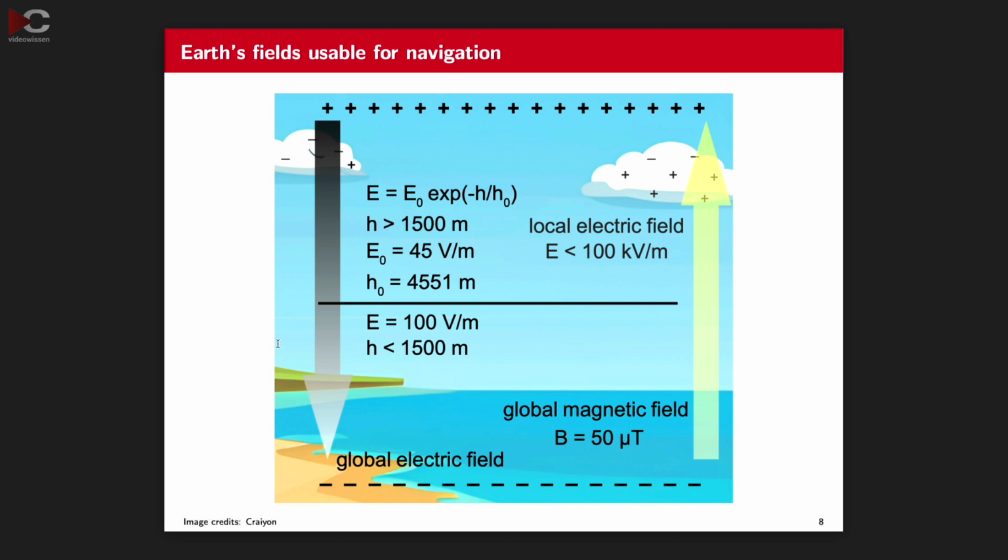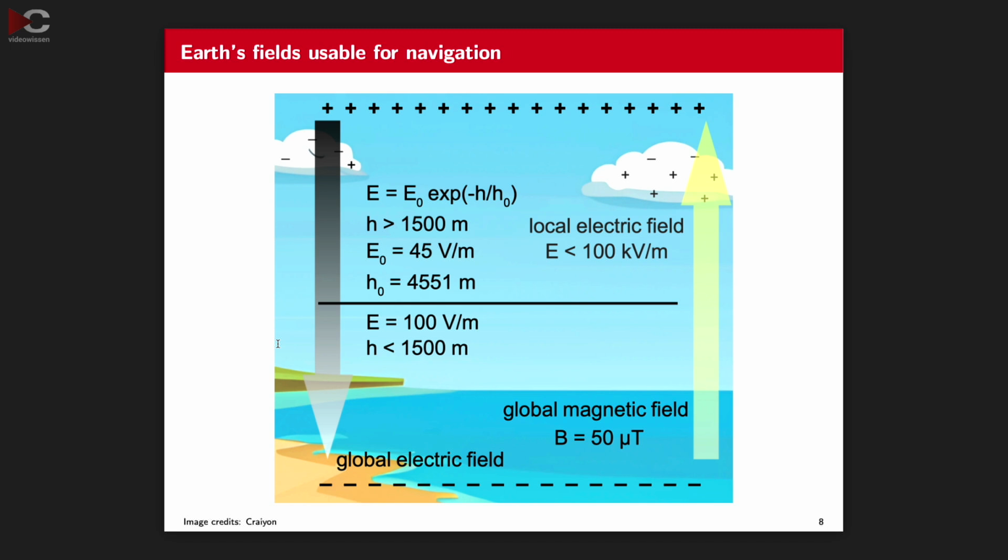In addition to that, we also have local electric fields, for instance in clouds. As measurements show, these local electric fields, which also cause perturbing weather conditions like thunderstorms, can have a field strength of up to 100 kilovolts per meter, up to our current knowledge.